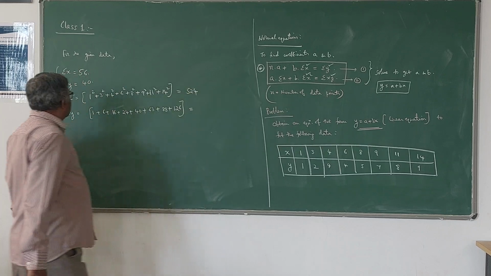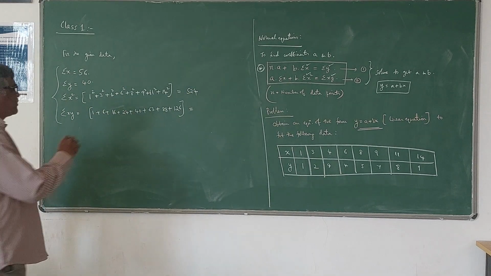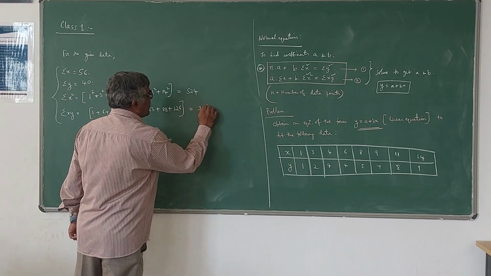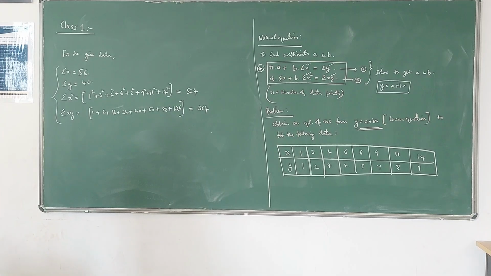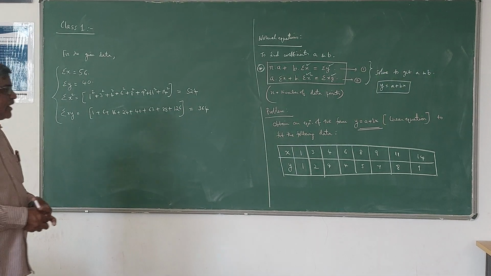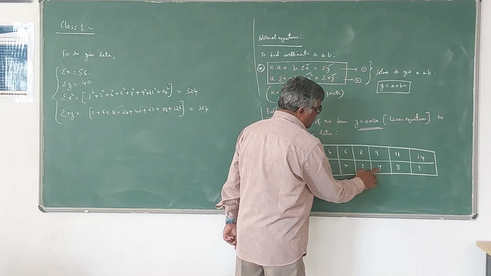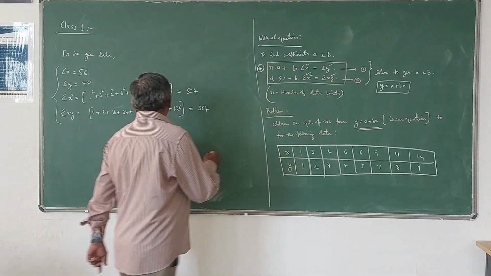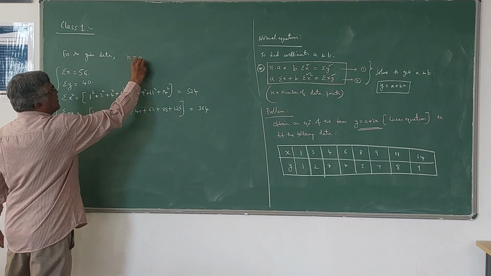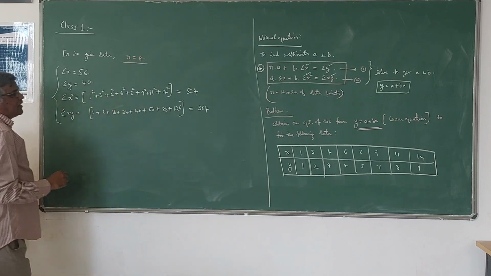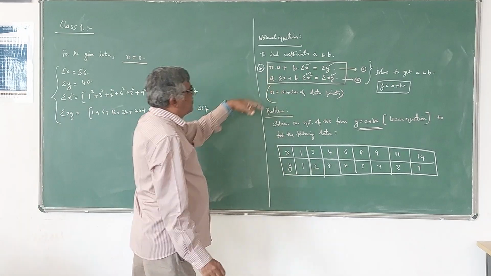Then sigma xy is 364. Sigma x is 56, sigma y is 40. And here the number of data sets is 8: 1, 2, 3, 4, 5, 6, 7, 8. So n is equal to 8. Once you get these values, now these normal equations are used.